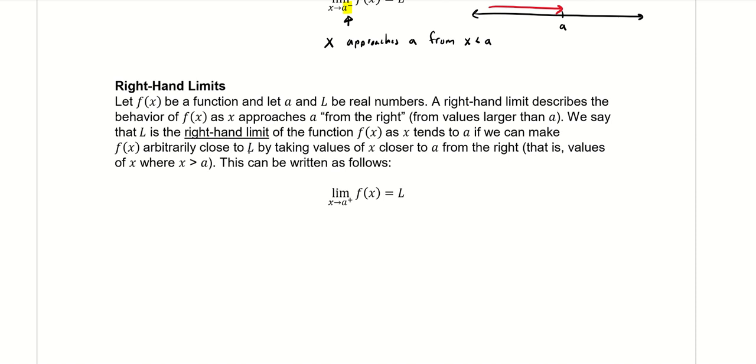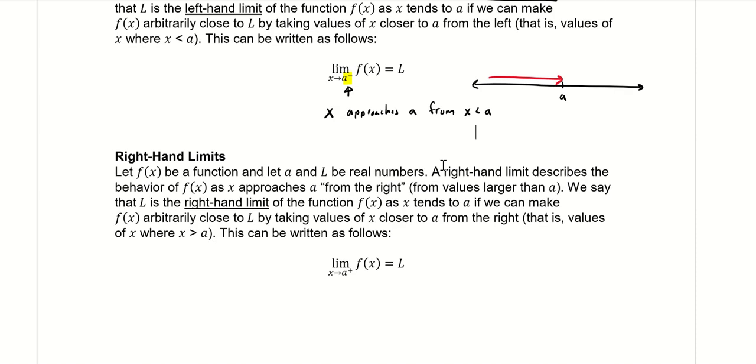And right-hand limits, as you can probably guess, mean the same thing, just from the other direction. A right-handed limit is one that describes the behavior of our function as x approaches a from the right, or from values larger than a. So again, same idea, but now we're looking at how our function behaves as we approach a from the right, so from values larger than a.